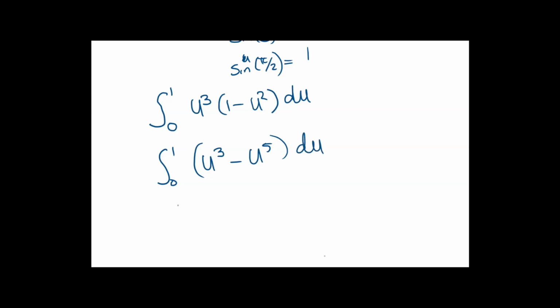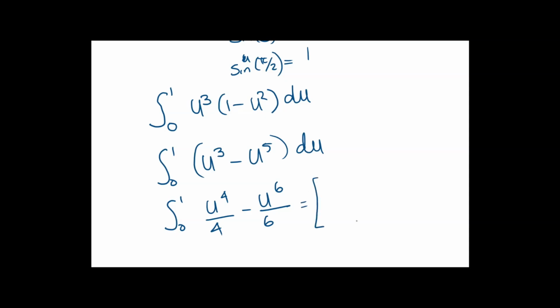Now we want to integrate this. So it's going to be u to the power of 4 over 4 minus u to the power of 6 over 6. We don't need a c because we've got limits. Okay, so now let's work it out.